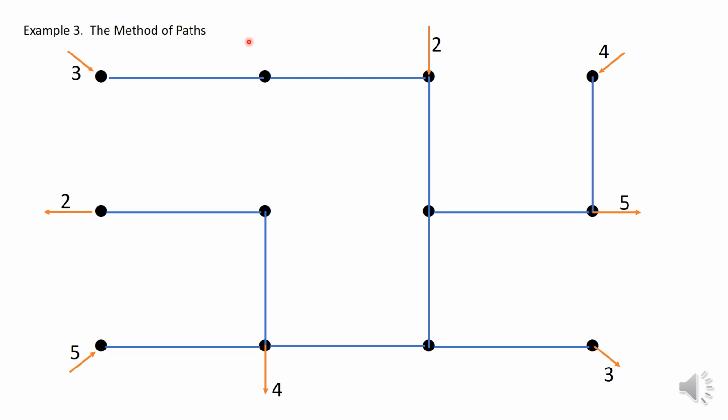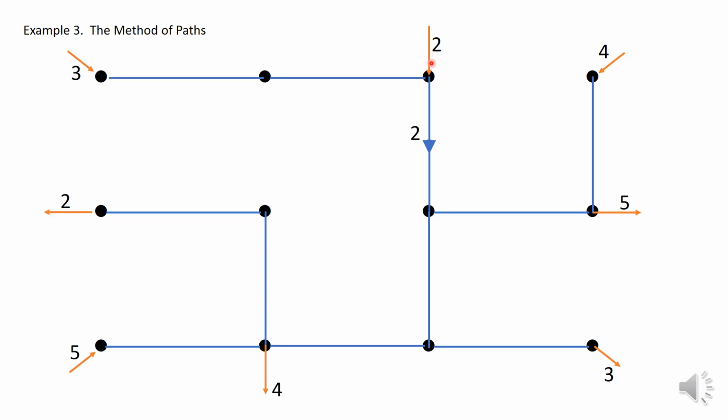So let's see how this works. Let's look at the flow here, 2. Let's start at this vertex. Now you have 2 flowing into the network here and 2 flowing out of the network here. So what we will do is use a path from this vertex or this node to this node.